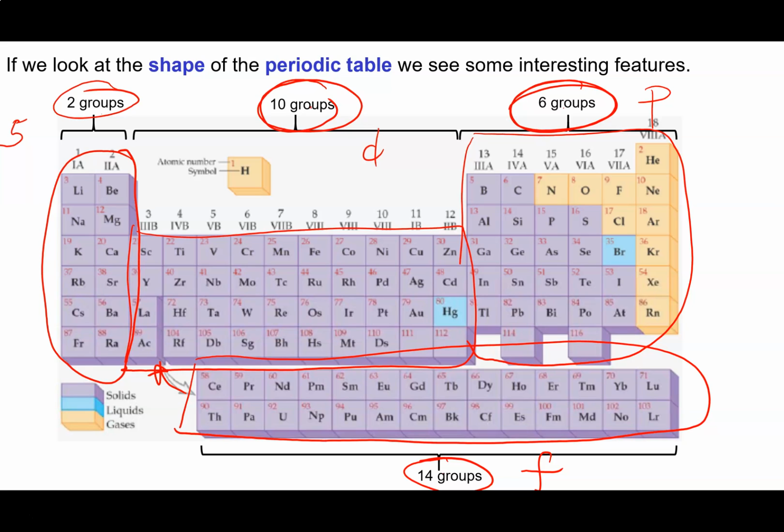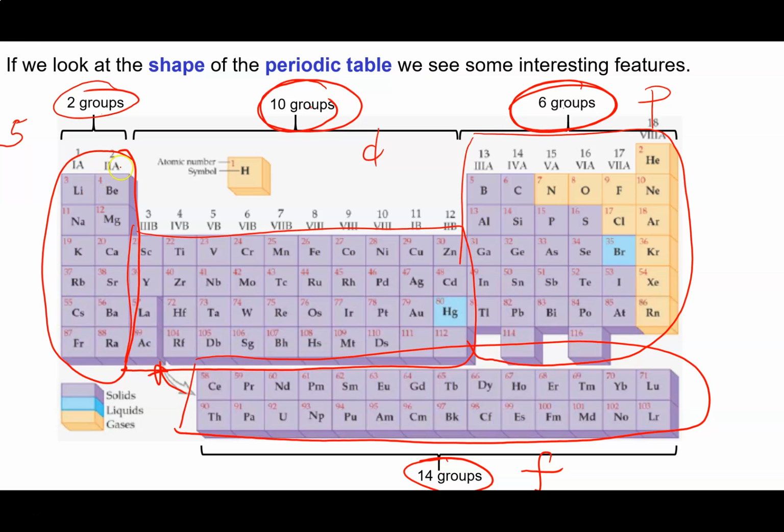So the periodic table can be divided into S, P, D, and F areas, or sometimes they call them blocks of the periodic table. And we can always figure out what the outermost electron's subshell type will be on the basis of where an atom is in the periodic table.